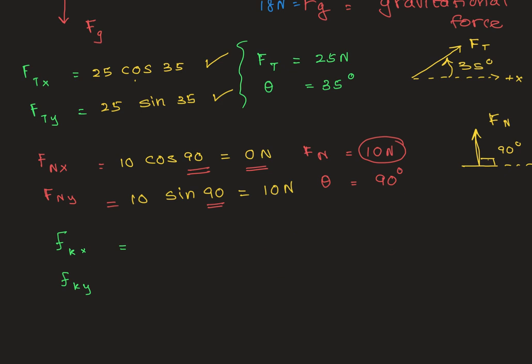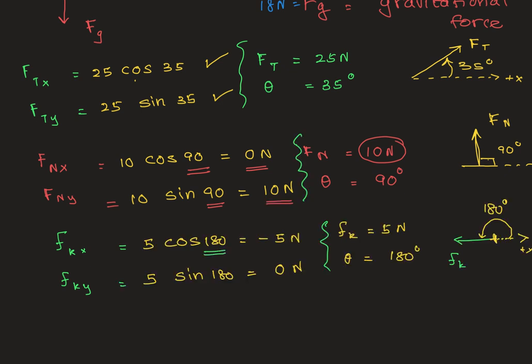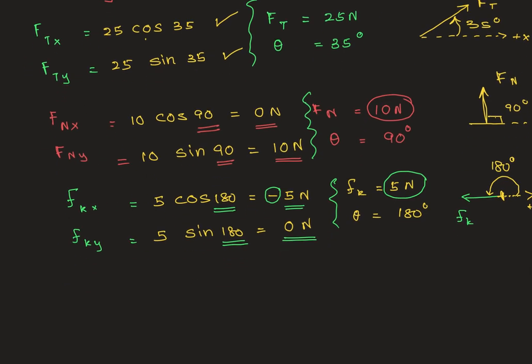As opposed to that, when the angle is 180, or you will see later 0, meaning that they are parallel to the x-axis, and if it is pointed in the opposite direction, you will end up with a negative value, but the magnitude is the same as the original magnitude. And for the y component, when it is 180, there's no y component. When you practice a little bit more, you will get familiar with this.